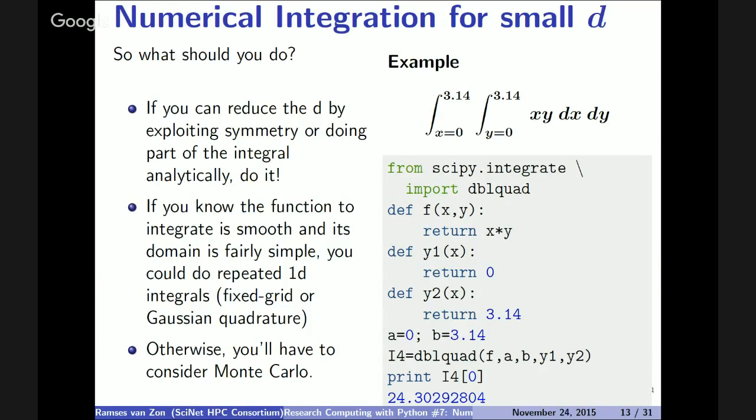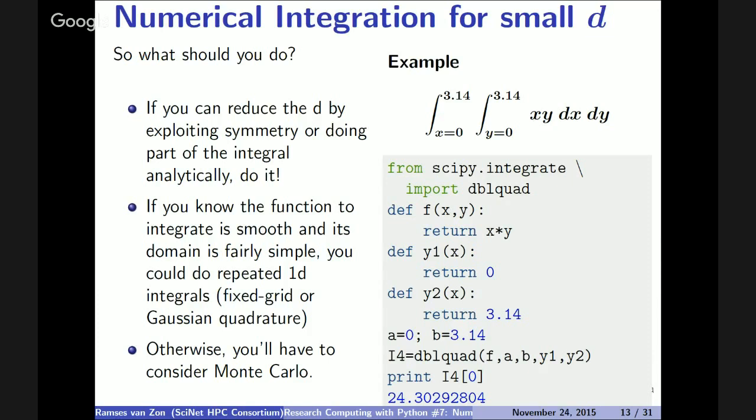And then there's 2 extra functions I define, y1 and y2 here, which are the functions that give me the y limits. I do that because although this is a nice square and pretty simple, in general, the shape of this 2D domain could be described by saying, well, as x is varying, what is my first point in the y direction and what's the last point?